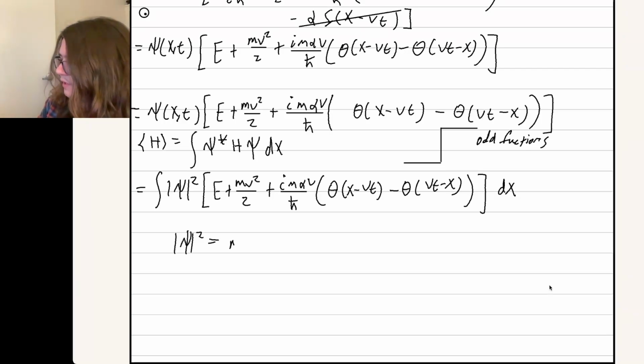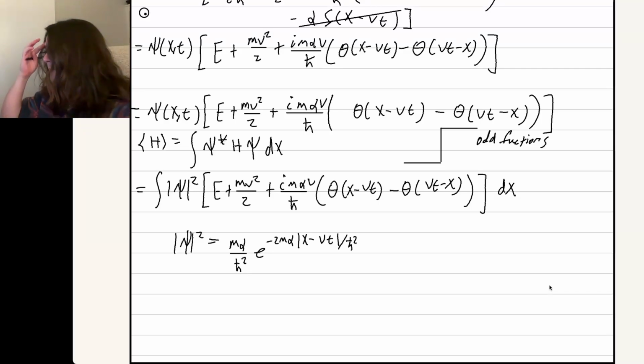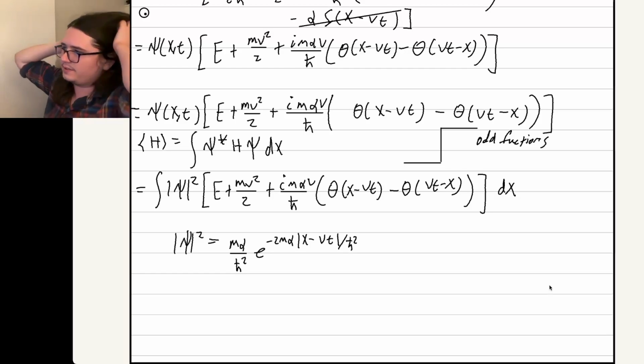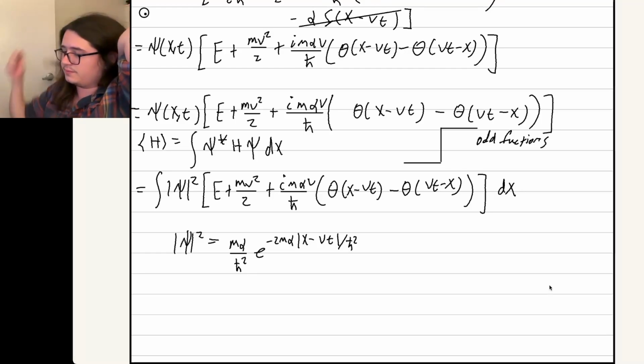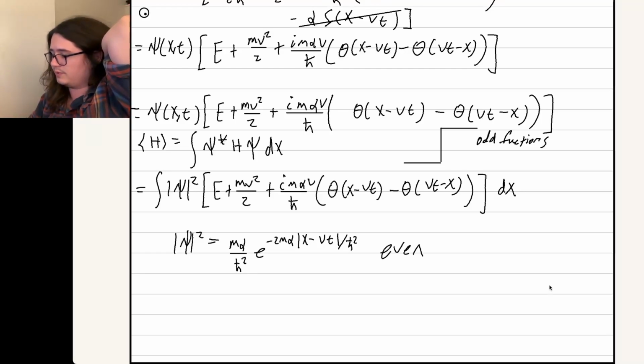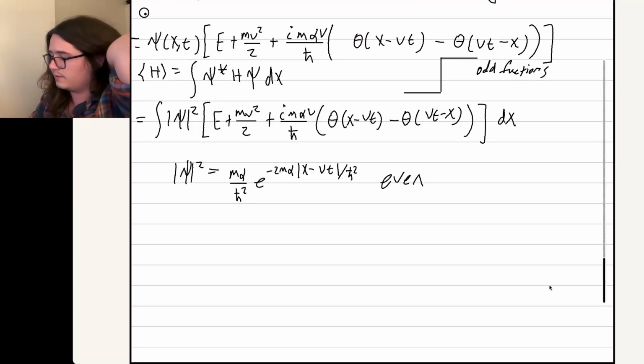It's just m alpha over h bar squared times e to the minus 2 m alpha times the absolute value of x minus vt over h bar squared. And that's it. The time component doesn't show up. So it's an even function. We know that whenever we integrate even functions with odd functions that they go to 0.